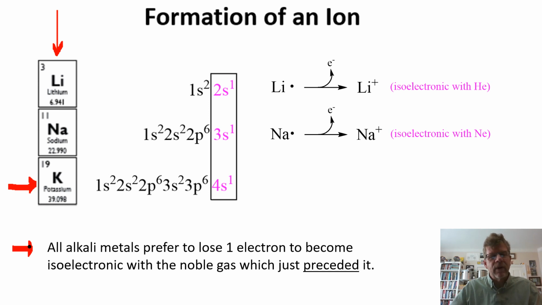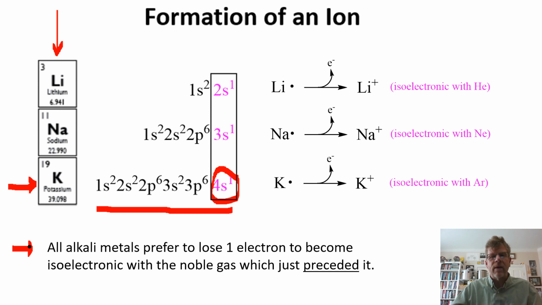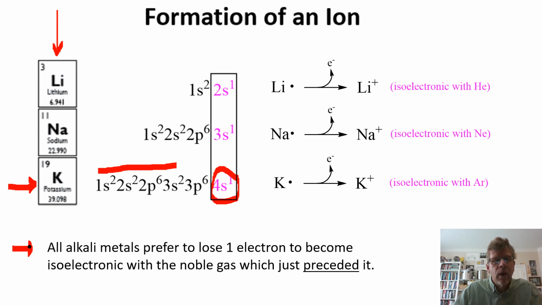Let's move on. The next one down, this gets repetitive. Potassium. If we look at our electron configuration of potassium, well, here it is. There's one valence electron right here. And if we lose that one valence electron, what do we have left? What's our core electron structure right now?